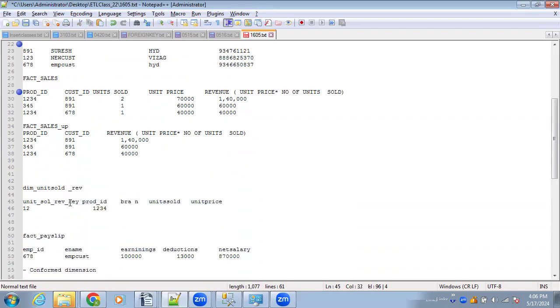Okay. Brand also I'm mentioning over here, like LG, whatever it is. Unit sold is number of units sold is 12, and unit price for each is like 40,000, something like this.